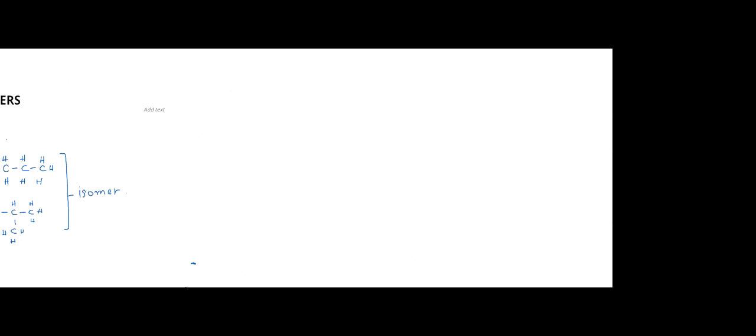The few rules that you have to remember are: every organic compound, its name can be divided into three parts. A middle part, then we can have a prefix, and then we can have a suffix.